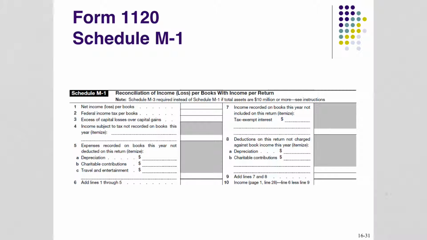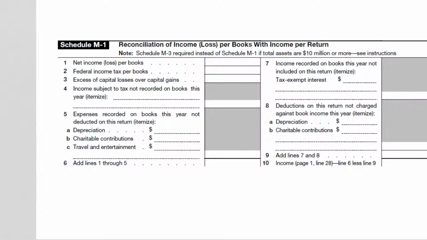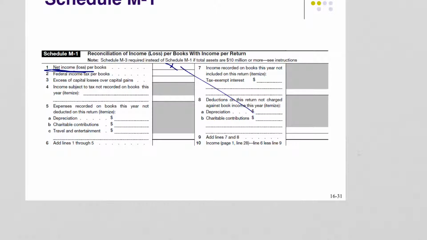This is what a Schedule M-1 looks like. M-3 is the same concept, but just blown up into many additional lines. And let's just take a look to see how powerful this is to the IRS. What they tell you to do is look at your books and records and see what your net income was and put that here. And now, what are the differences between this number and this number?